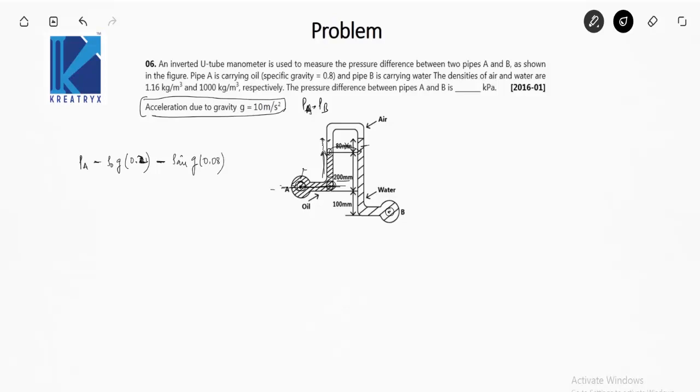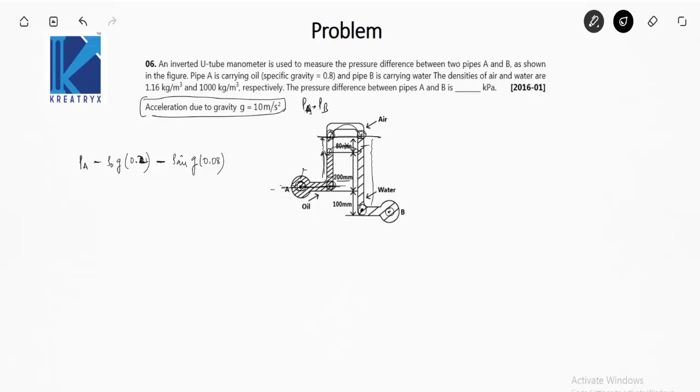Now from this point I can jump here because the medium is same. So at this point and this point the pressure will be same. Great, now we start moving down and reach this point. What is the distance that I have moved down? It is 380 mm, that is 0.38 meters.